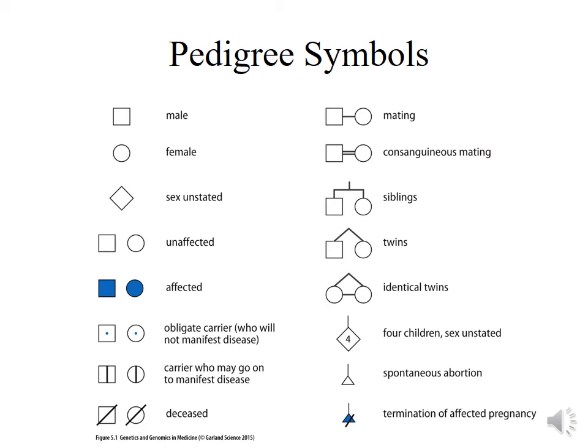A family member through whom the family is first ascertained is known as the proband and may be marked with an arrow. The term sib is used to indicate a brother or sister, hence the word sibling. And a series of brothers and sisters is known as a sibship.